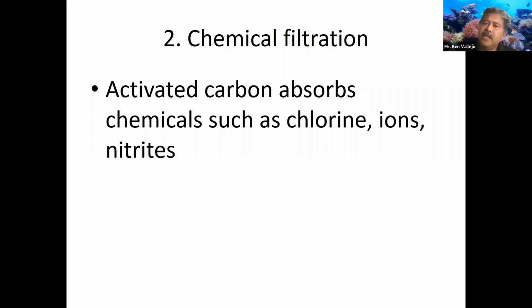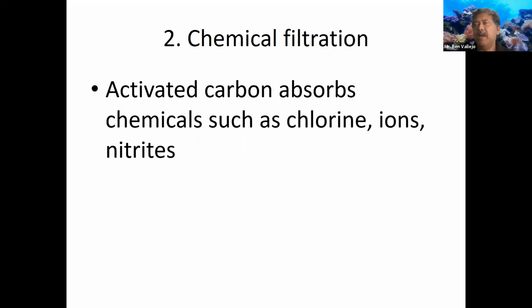Too much chlorine in the water. If you have nitrites and even too much nitrate, the activated carbon will react with those chemicals, and sometimes there's an actual chemical reaction that changes it to a form that's not as hazardous as whatever it's starting out as.